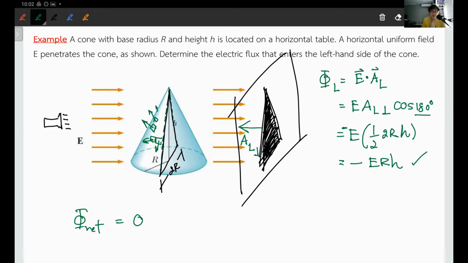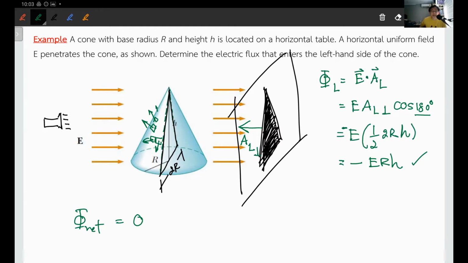If it's positive, the electric field is coming out from the closed surface. If it's negative, the net electric field is trying to get into the closed surface. If it's zero, it means in equals out.